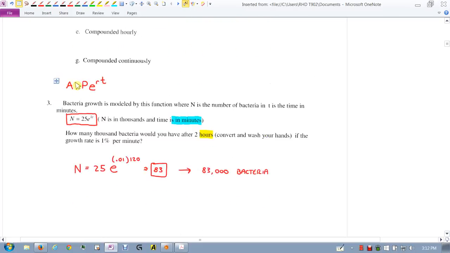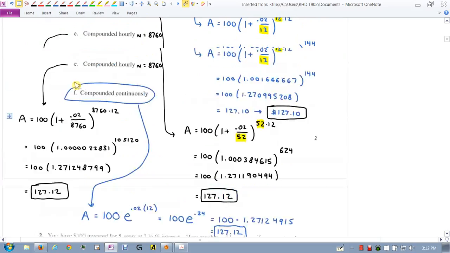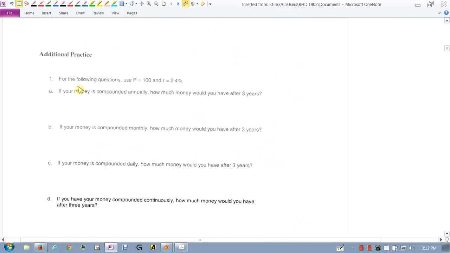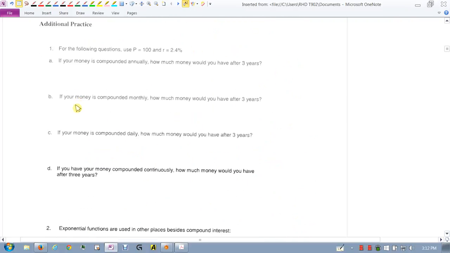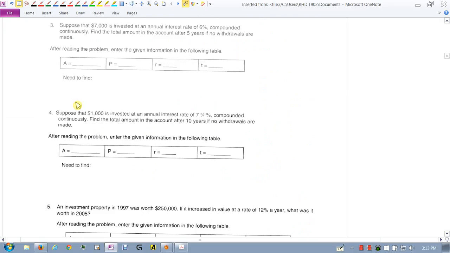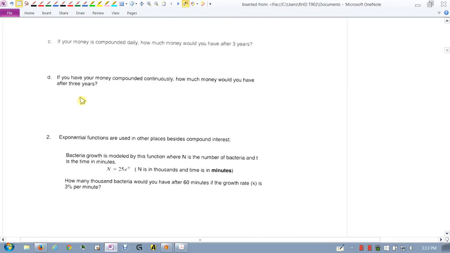We'll do the additional practice ones, but those look like they'll do. Okay, so scratch what I said. We're going off of page 4.